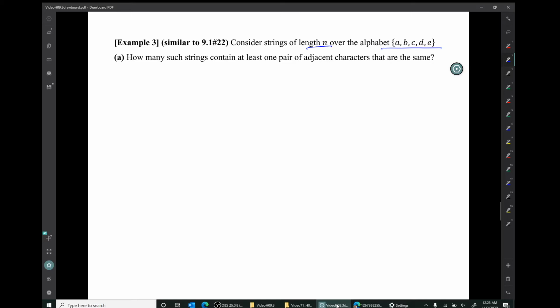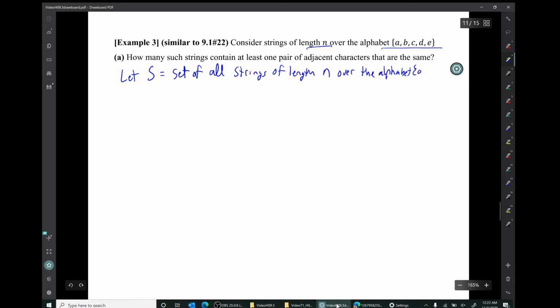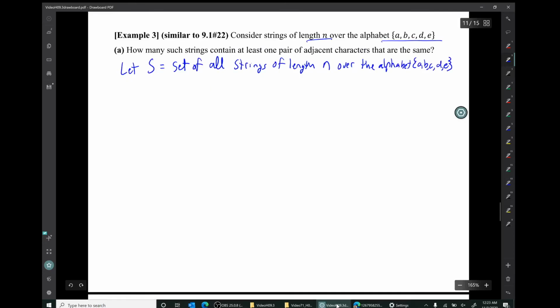Let's define set S to be the set of all strings of length n over that alphabet. Now, to say that we have a string over the alphabet means that we have a string made up of characters chosen from that set. So that's the set of all strings, set S.